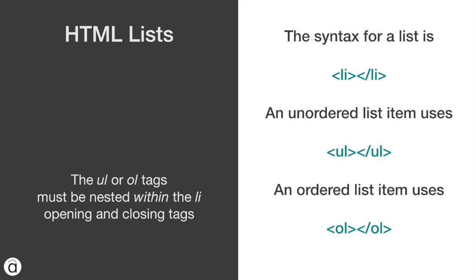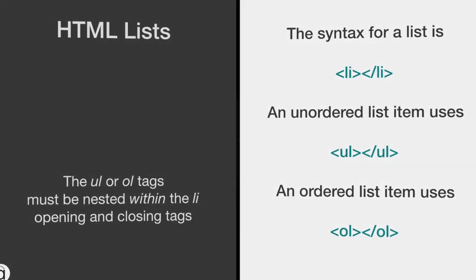An unordered list uses UL for unordered list, and the bottom one, an ordered list, is OL. So it's effectively the first letters of each word. So that's reasonable to remember. So, well, hey, let's go and code, shall we?